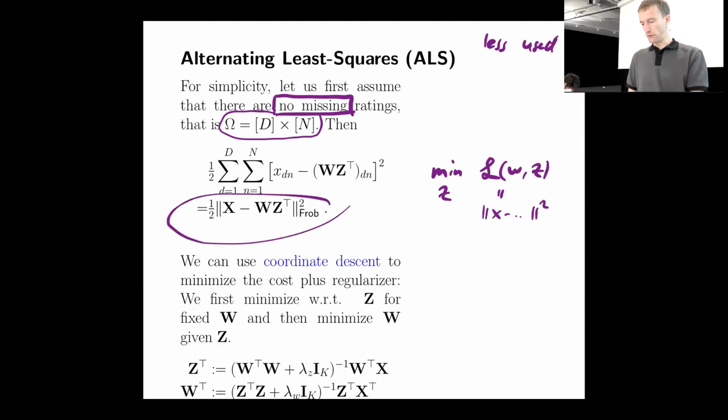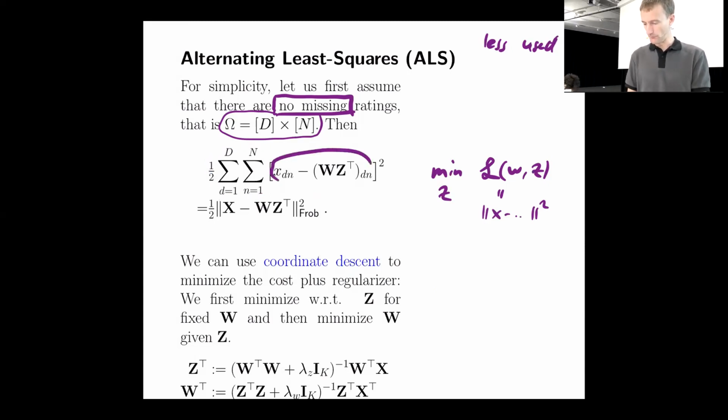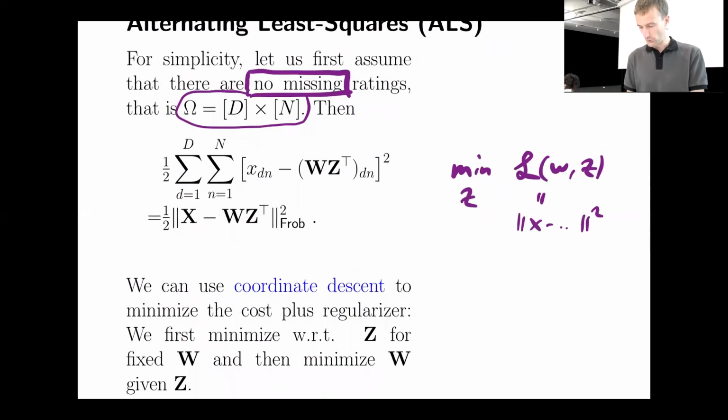That's if everything is observed, that means the sum goes over all entries, and every entry is summed up of the true entry minus the prediction. So that means it's just the Frobenius norm, the matrix squared norm, of the observed true star entries and the predicted entries.